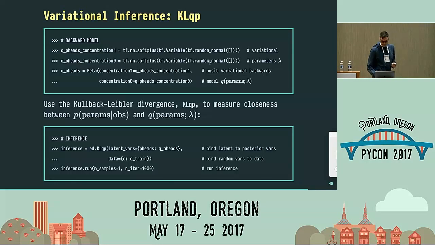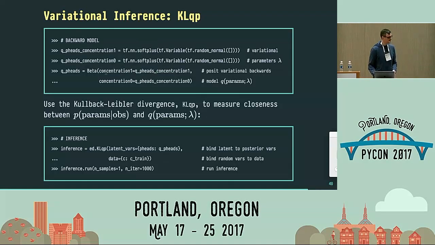And there's one subtlety here: I told you earlier that concentrations must not be negative. In order to make sure of that, we have here this softplus function. What it does is it takes any given number and makes sure that it's positive. So it applies a transformation that makes it always positive. This way we don't run into trouble here.